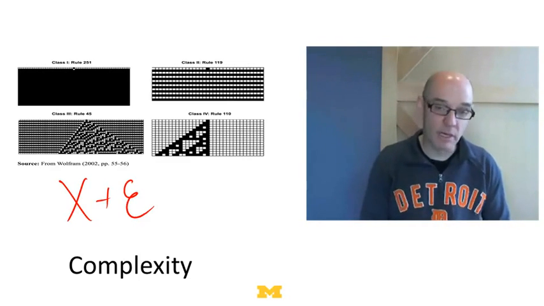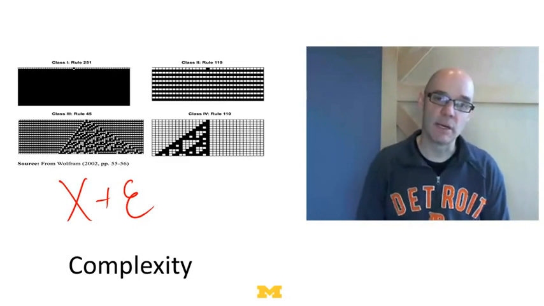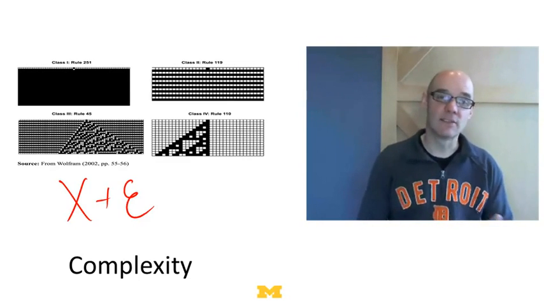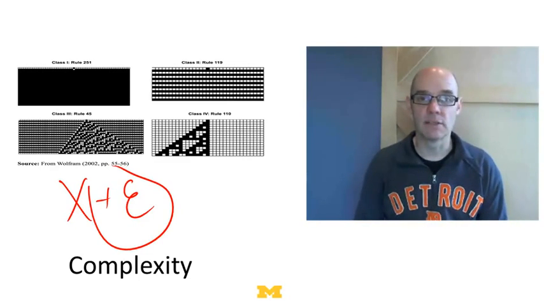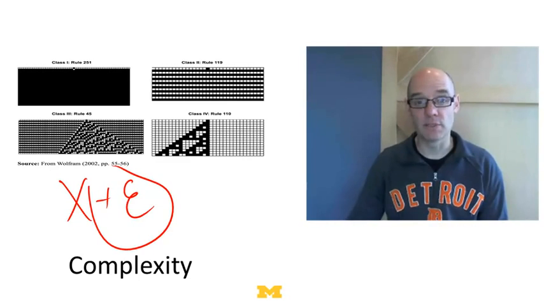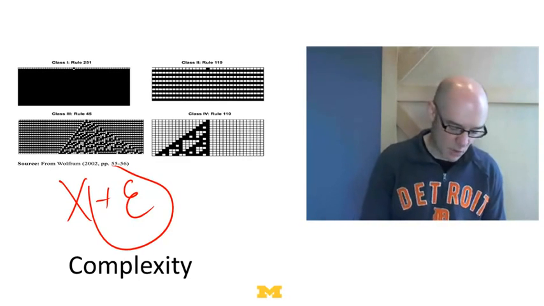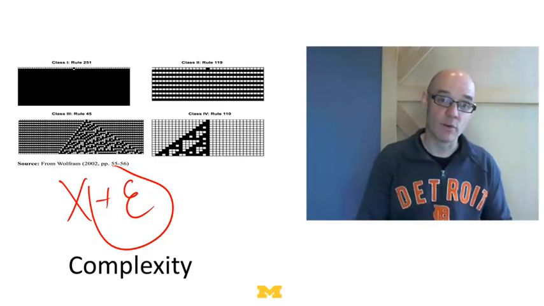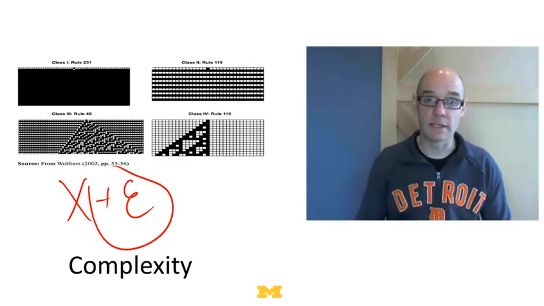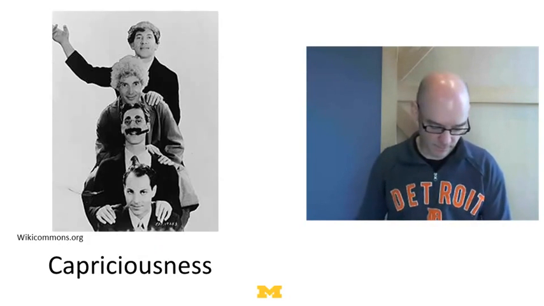So I know I'm not going to be exactly right, so there's going to be some error. So complexity and uncertainty can actually get modeled in the same way, as just a plus epsilon term. Now, there are going to be problems with doing that. We'll see some of those a little bit later in the course. But for the moment, it's not a bad idea, if you're not sure what's going to happen, whether you're uncertain or whether the process is complex, to throw in some sort of error term.